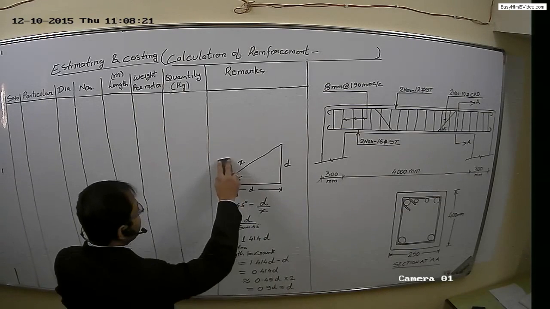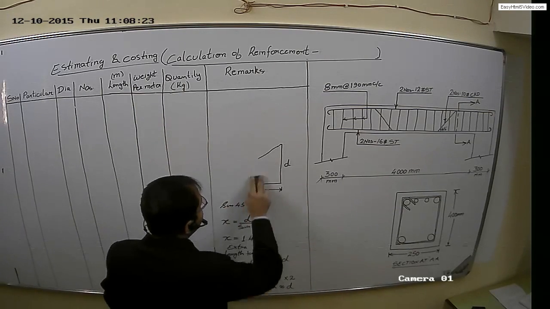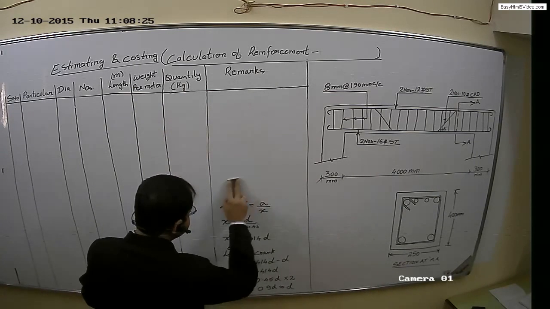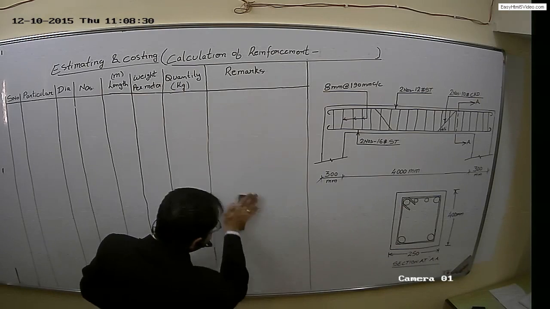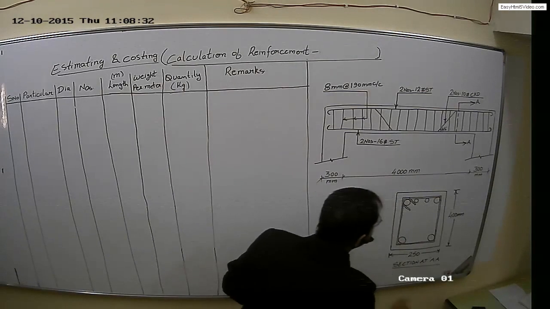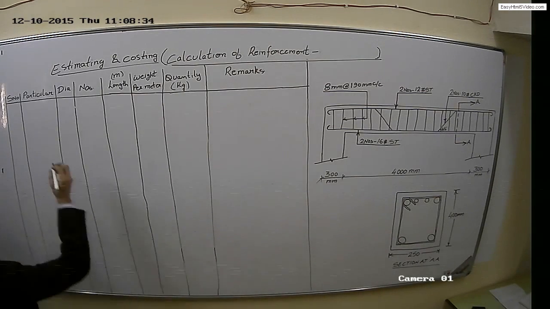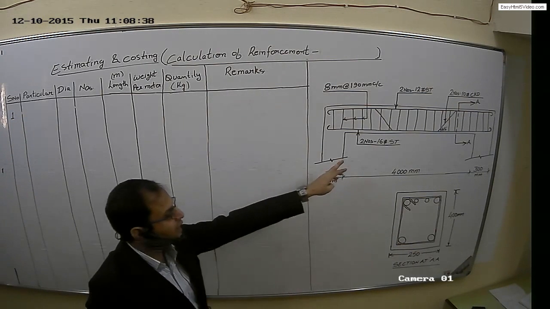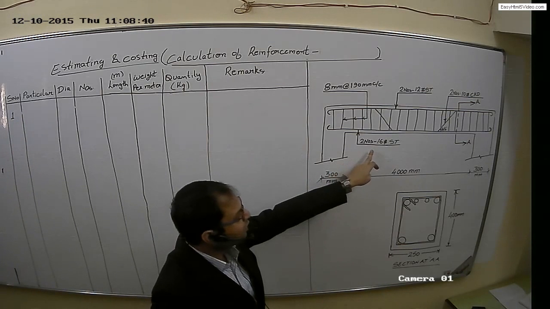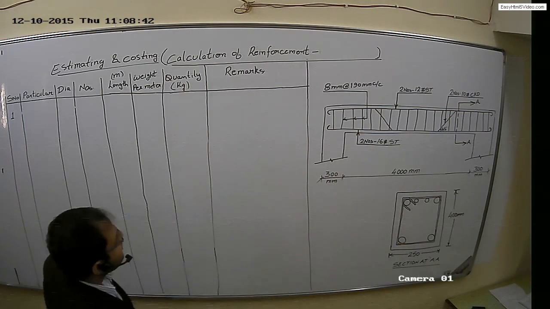Now coming to the calculation of reinforcement. See, particular one will be, we are calculating the quantity of 16 mm dia steel.